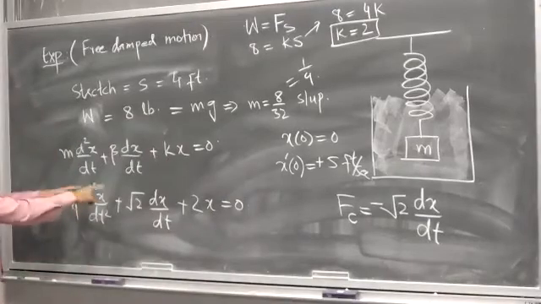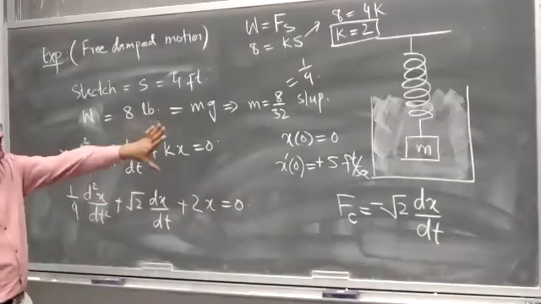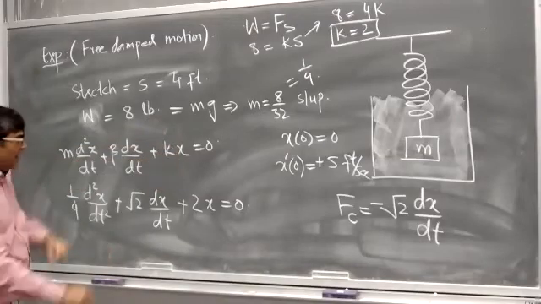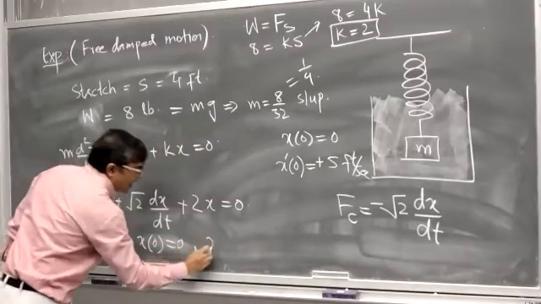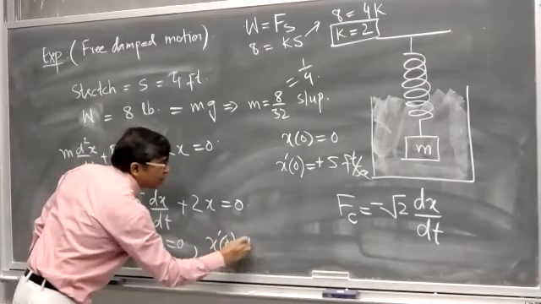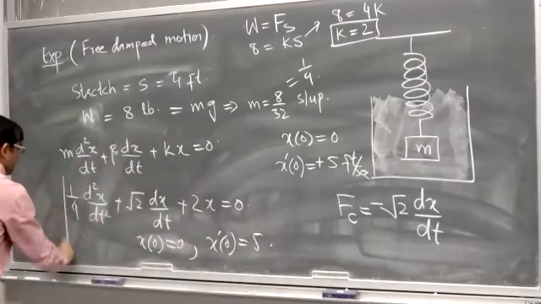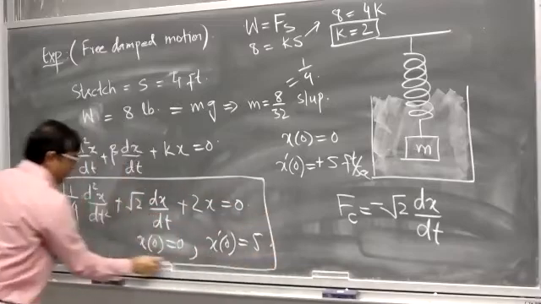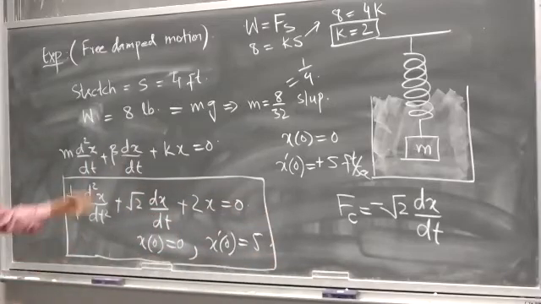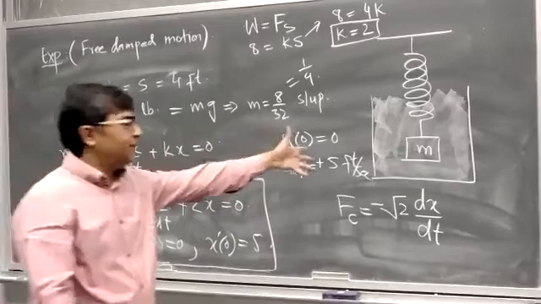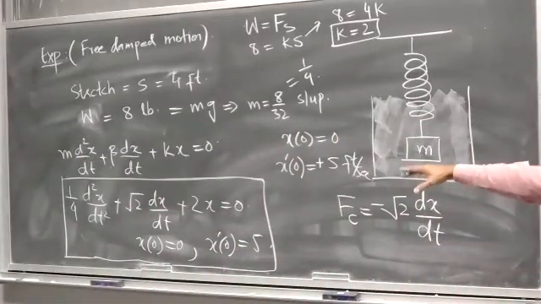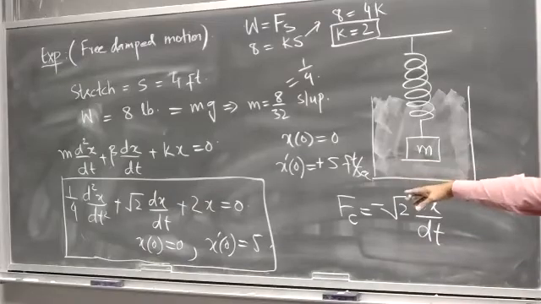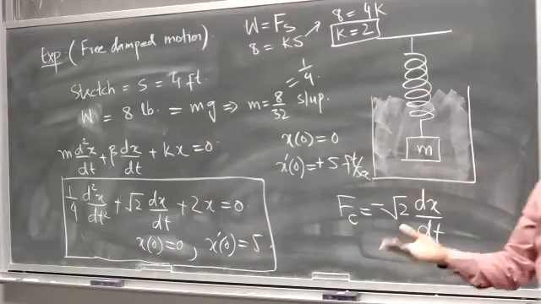So this is our differential equation which describes this motion, along with the initial conditions x of 0 is equal to 0 and x dash of 0 is equal to 5. This is the model we are going to solve in order to describe this spring-mass system. I hope you can solve this differential equation along with the initial conditions and find the solution.